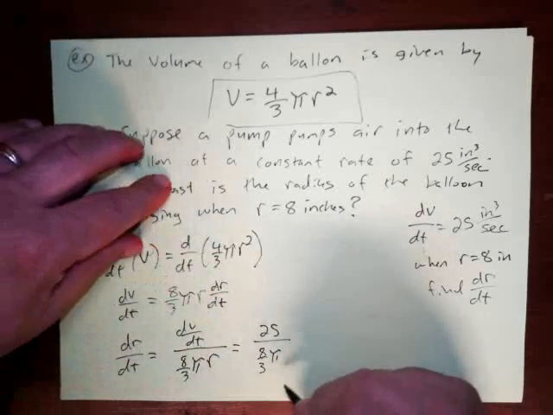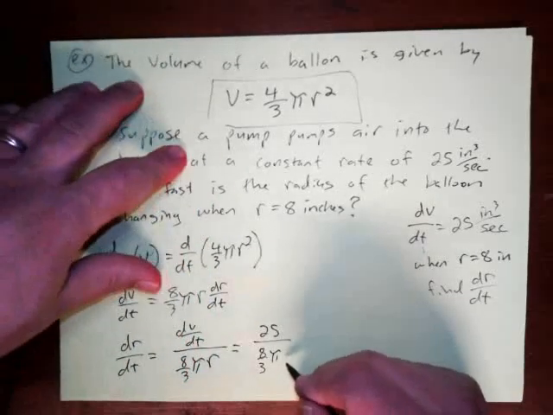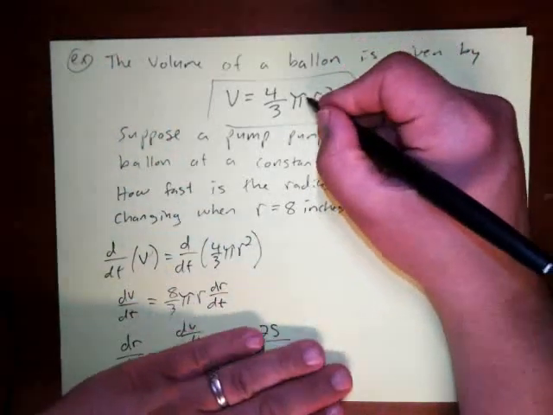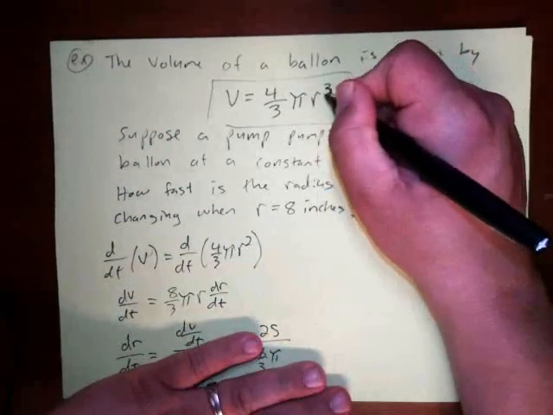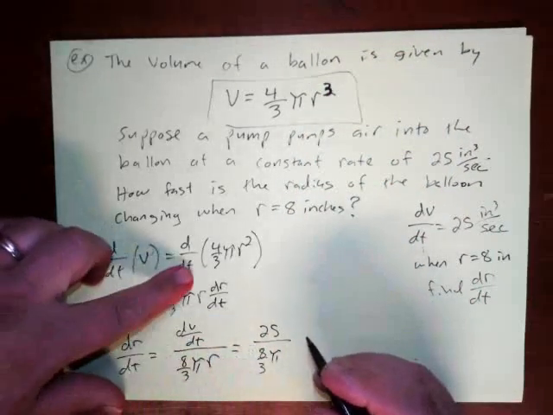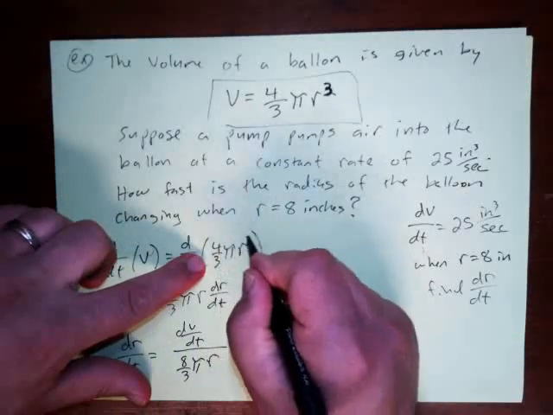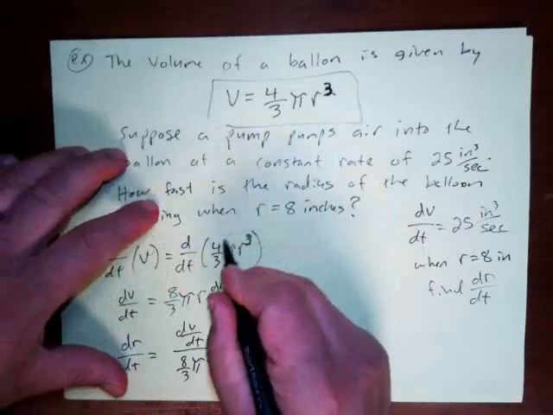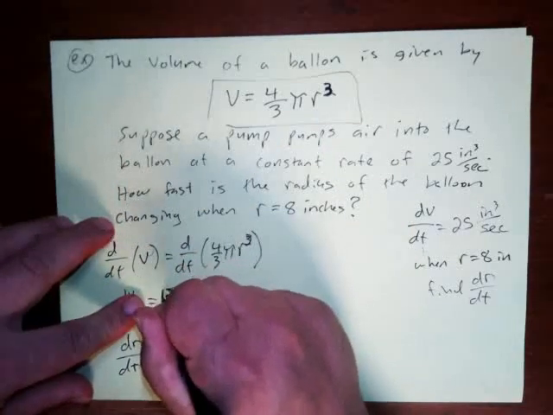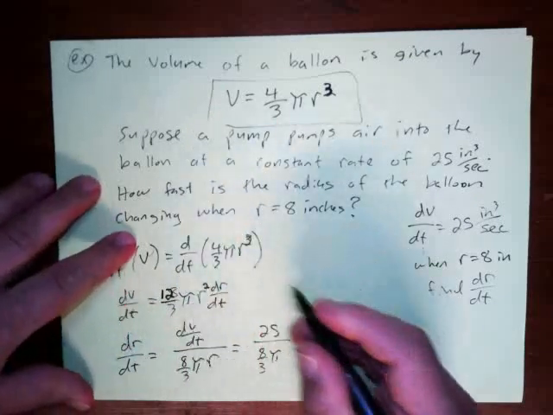and then I have, oh, and you know what? I actually made a mistake here. This should be 4/3 pi r cubed for the volume of a balloon. And that being the case, I'm bringing a 3 down. So this is 12. And then I have a square here.